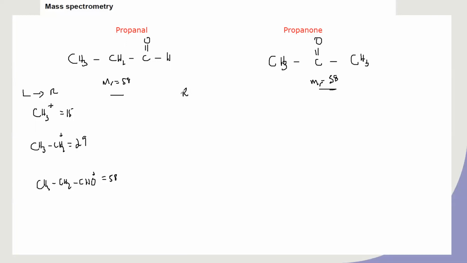Then from right to left, if it is CHO, carbon 12 plus oxygen 16 and plus 1, so that will be 29.